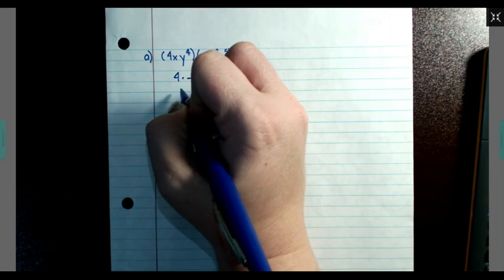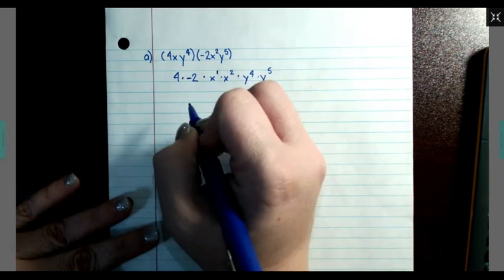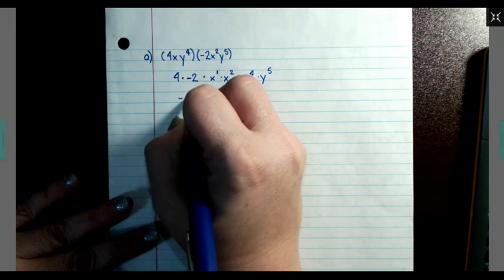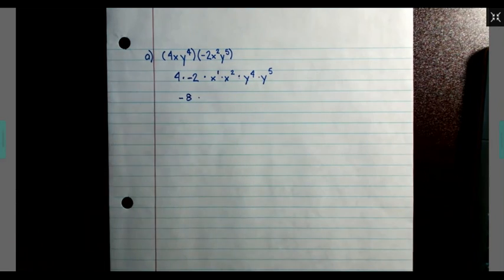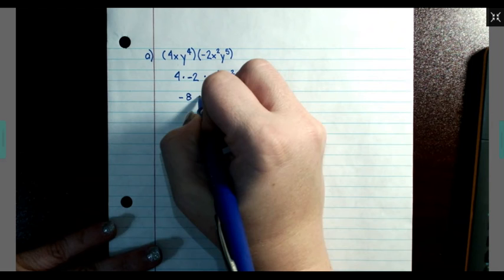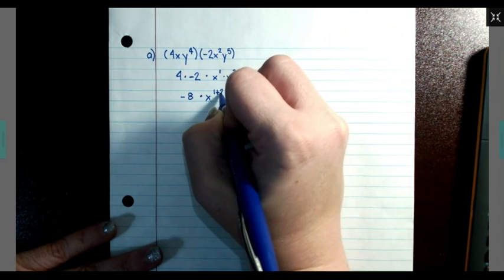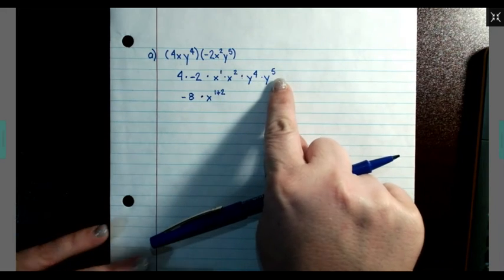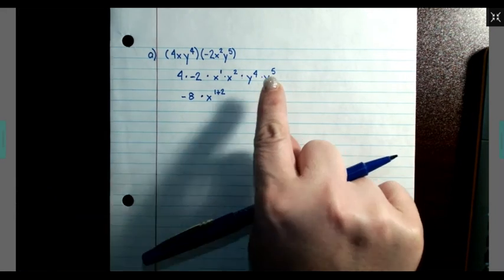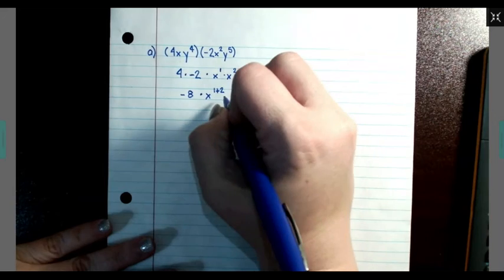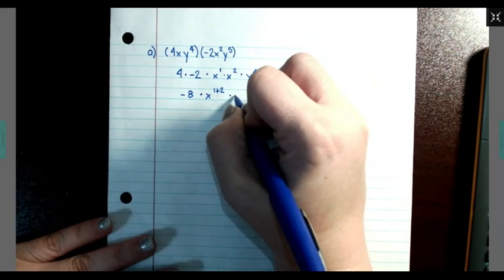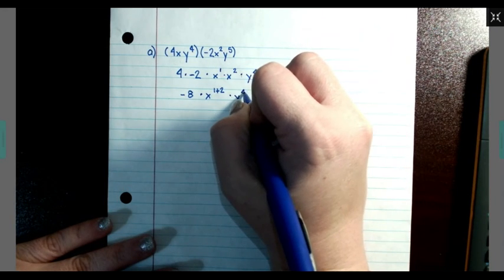Now, 4 times negative 2 is negative 8, right? We're applying our product rules, so we're going to add our exponents here, 1 and 2. I cannot add 4 and 5 because those are a different base, okay? So only like bases. And now we'll add our 4 and 5.